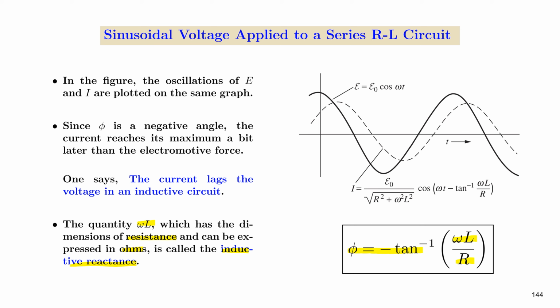So we have seen that when we apply a sinusoidal voltage into a series RL circuit, we will get an oscillating current in the circuit, and the oscillating current will be lagging the voltage oscillations by an angle phi, where phi is the phase delay. When we switch on such a circuit, there will definitely be the presence of transients, but the transients die out very fast when compared to the steady state oscillations in the circuit.